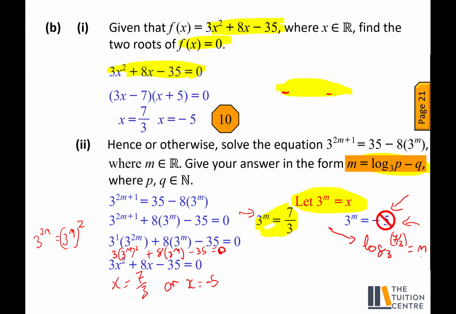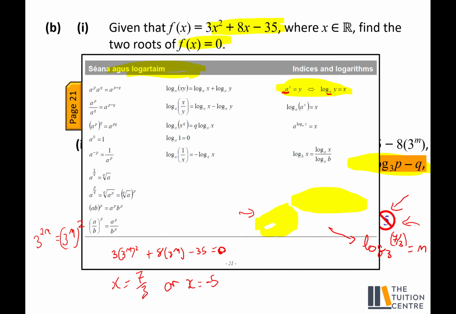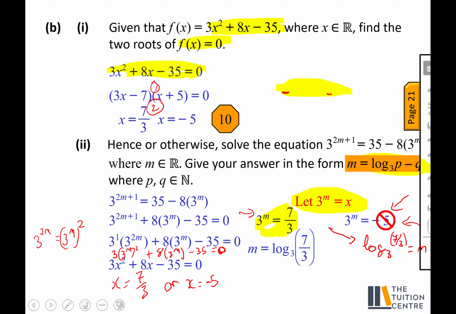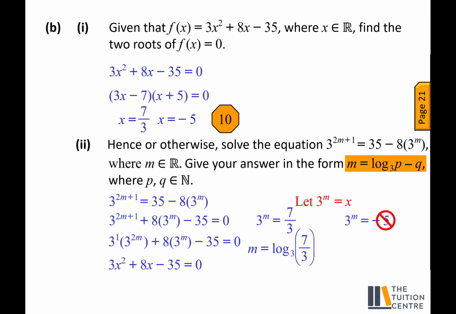So now we're going to have m on its own. We have m is equal to log 7 over 3 to the base 3. We think about the second law of logs here, the division law: log x over y to the base a is log x to the base a minus log y to the base a. So m is equal to log 7 to the base 3 minus log 3 to the base 3.